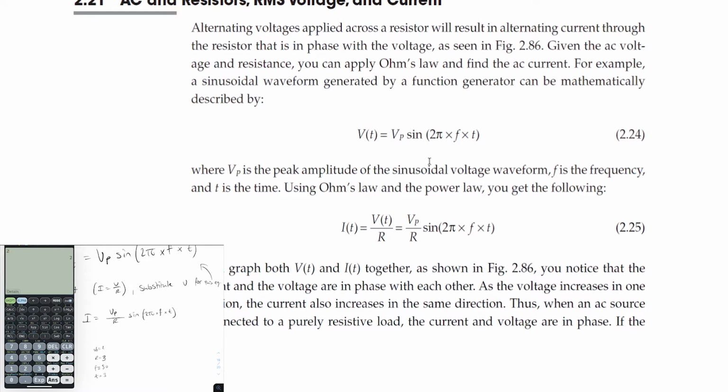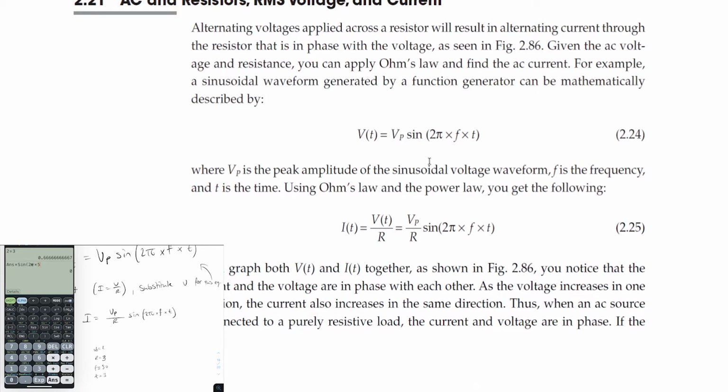Okay. So we're saying 2 divided by 3, right? Times sine. Am I in radians or degrees? I'm in degrees. Don't know what I need to be in.